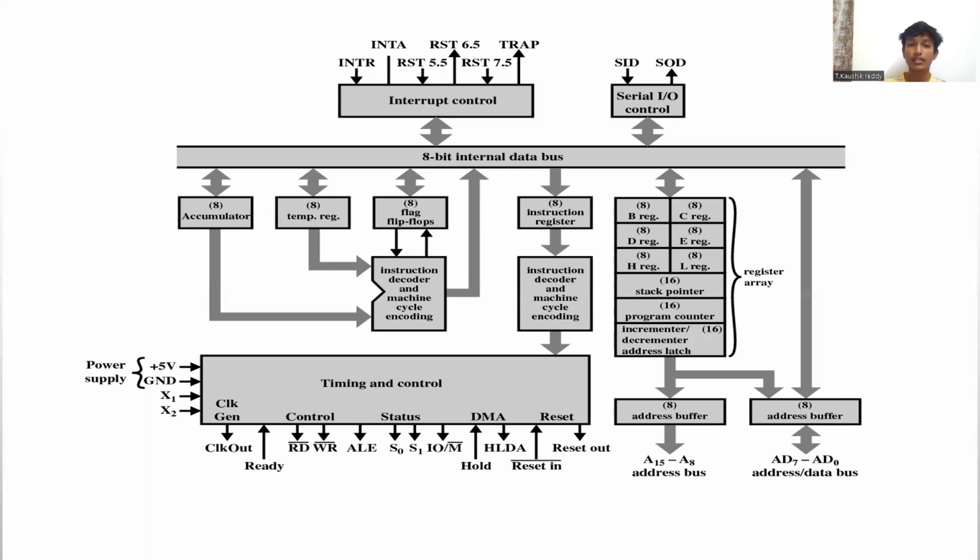And then the accumulator, temporary register, flip-flops, instruction register, instruction decoder and the machine cycle encoding, and the stack pointer and program counter, increment or decrement address latch. Then the address buffer, another one, which has a range, like the first one has A15 to A8, another one AD7 to AD0, etc.